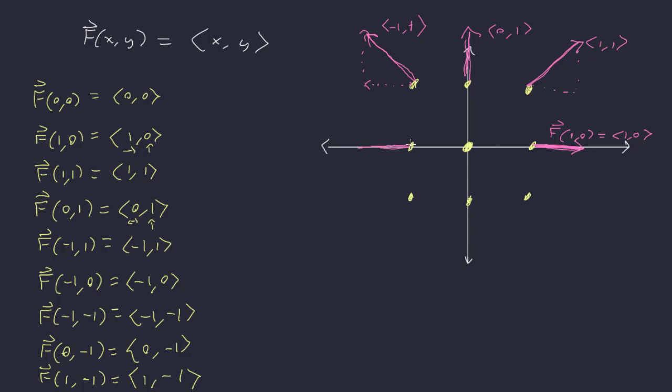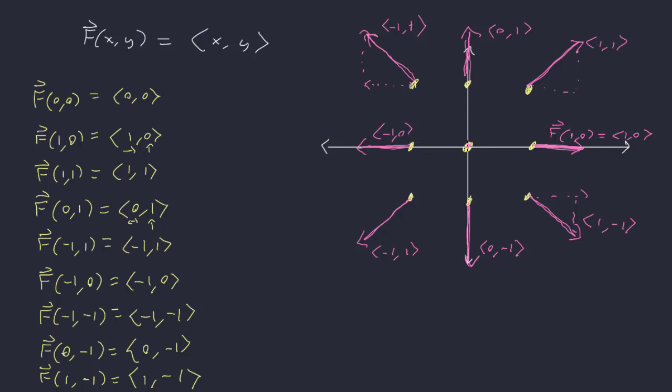Here's -1, 0. Okay, -1, -1. 0, -1. And 1, -1. Okay, because from this point on we go over 1 and down 1.